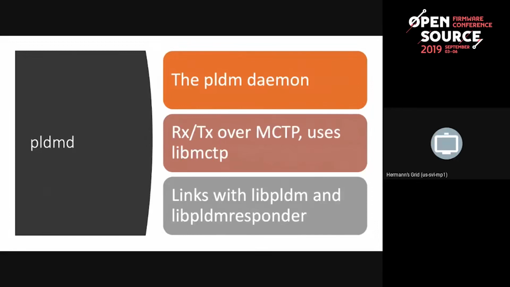This daemon makes use of libmctp, which is basically an MCTP implementation that exists today on OpenBMC. The PLDM daemon links with libmctp, and it helps in receiving PLDM request messages to the BMC, and also in sending out PLDM messages to other MCTP devices that are connected to the BMC.